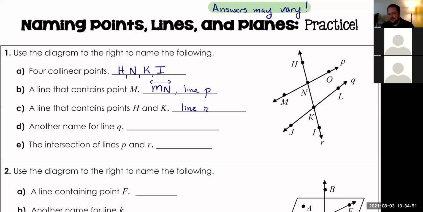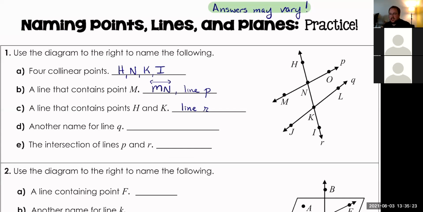Doesn't look like theirs, but it's closer to cursive than just regular font because it's supposed to be script text, which I say is closer to cursive if I were trying to describe it to somebody. Again, you could have said line HN, HK, HI, NK, NI, IN, KH. There's lots of ways you could have named that same line. So that's why I say answers may vary.